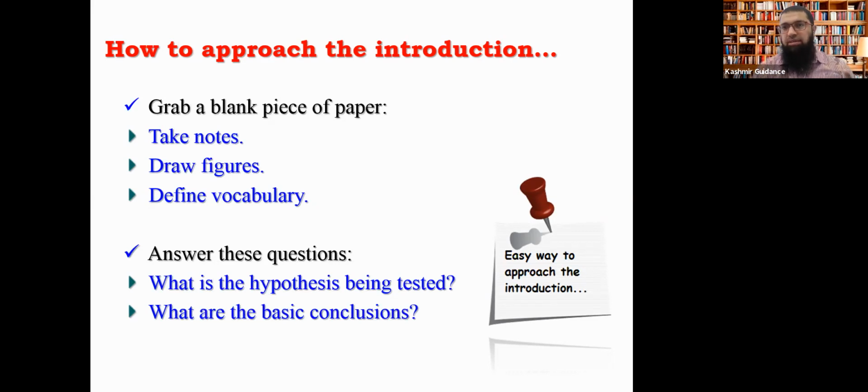These two points, which hypothesis has been tested and what is the basic conclusion of this paper, you will get from the introduction. Always keep these questions in mind. So when you have these questions in your mind and you are making notes, drawing figures, and defining vocabularies, you will get the maximum out of the introduction, what is expected from you.